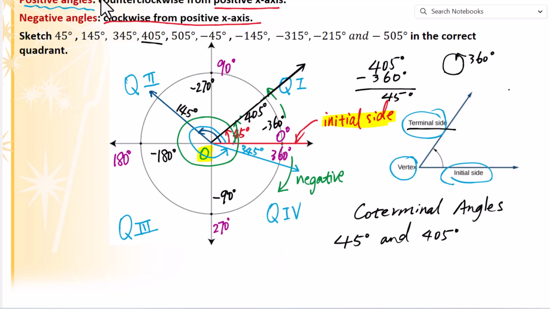505 degrees. 505 degrees subtract 360, we got 145 degrees. Let's draw this angle.